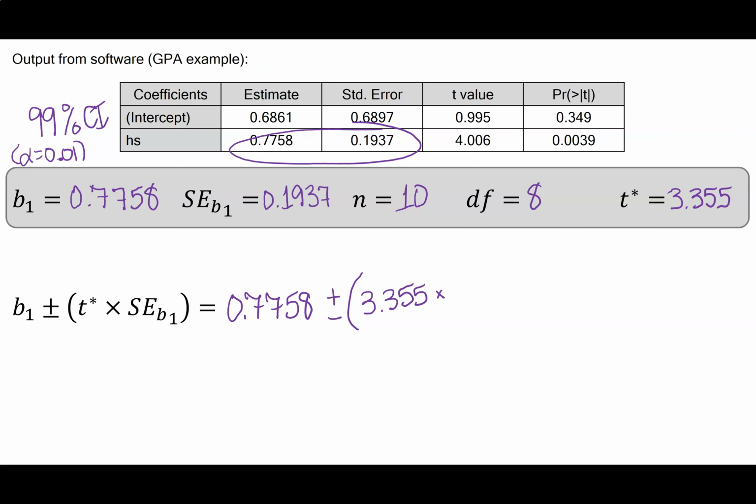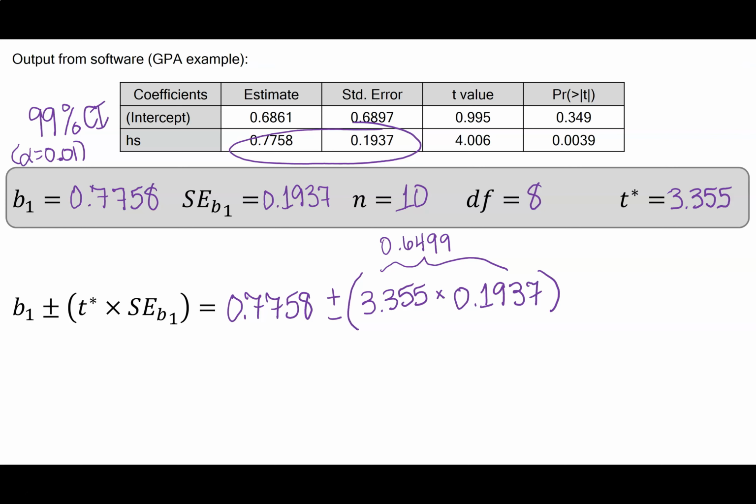3.355 times my standard error, 0.1937. If I were to multiply first, this is not mental math for me, so I have to pull up a calculator. This ends up being something like 0.6499 if I round to 4 places past the decimal.